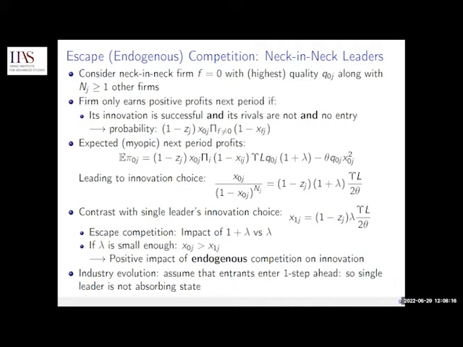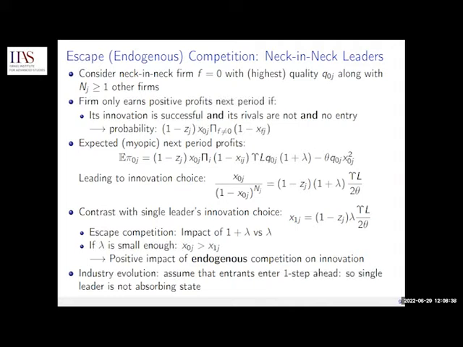So this is what the profit function is going to look like. You don't get wiped out by entry, so with probability 1 minus z_j, and none of the innovations of your competitors that are neck and neck is going to be successful. So this is going to be the probability.